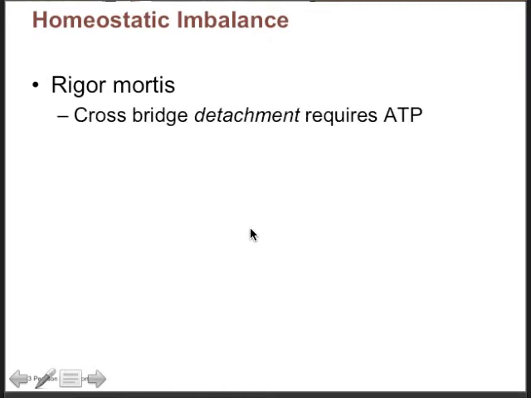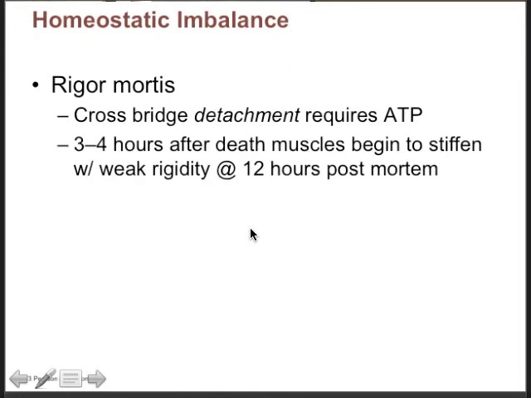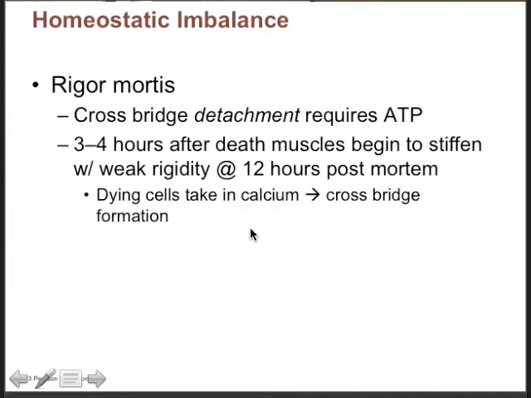What happens here is that cross-bridge detachment fails to occur because we've used up all the ATP in one final contraction. Three to four hours after death, the muscles stiffen, with weak rigidity at about 12 hours post-mortem. The dying cells take in calcium and cross-bridge formation occurs.